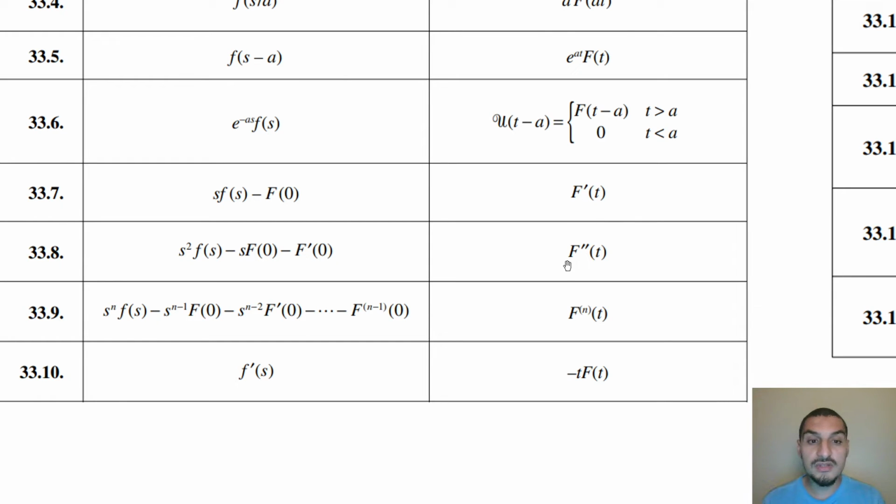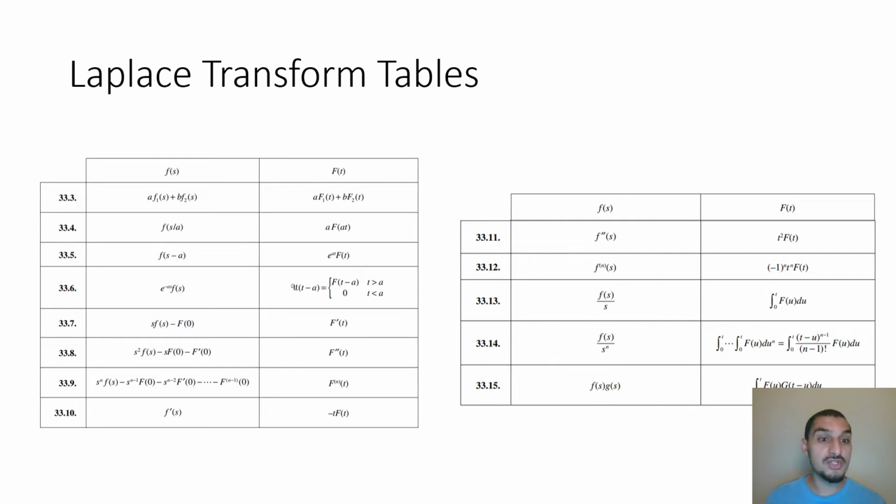Even the second derivative is converted from a differential form into s squared F of s and so on, and that's it. f of n, if it's the fourth derivative, fifth derivative, whatever the derivative, you can get it into an algebraic form, and this is the magic of the Laplace transform. So you can see how impressive this is.